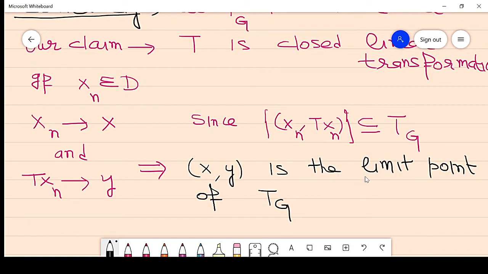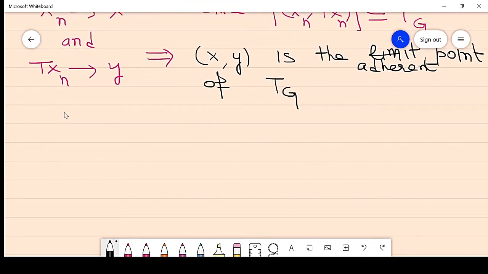Even I can use that it is an adherent point of Tg. If it is an adherent point of Tg, it implies this (x, y) belongs to Tg closure.